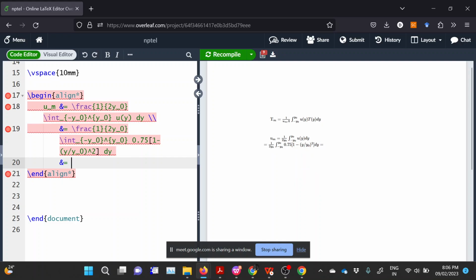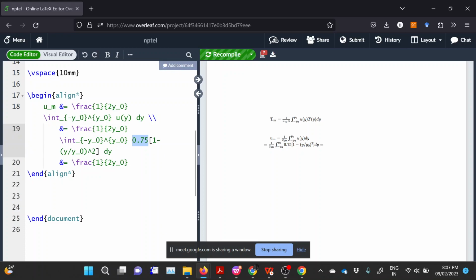So then if we integrate over this, 0.75 will come out, 1 will become y, which becomes 2y naught. So let's write this. 0.75 I'm taking out, so it will be here.